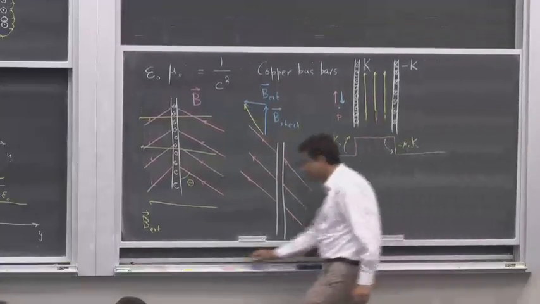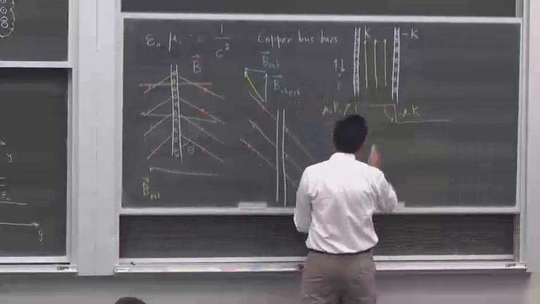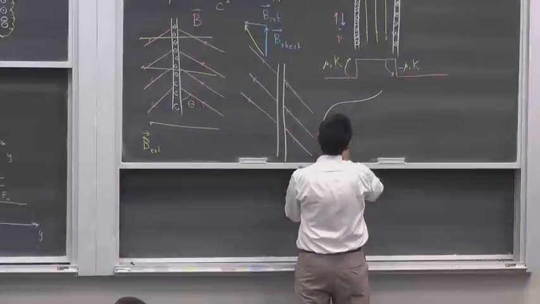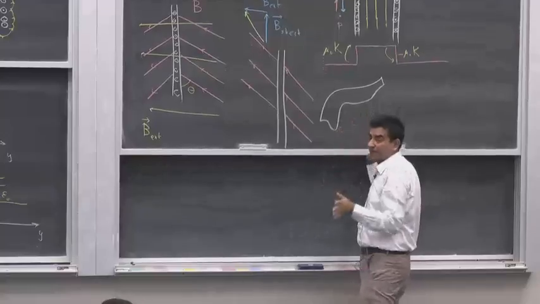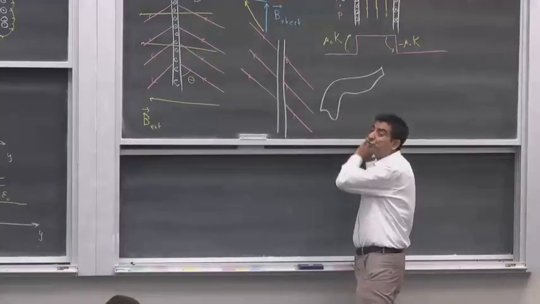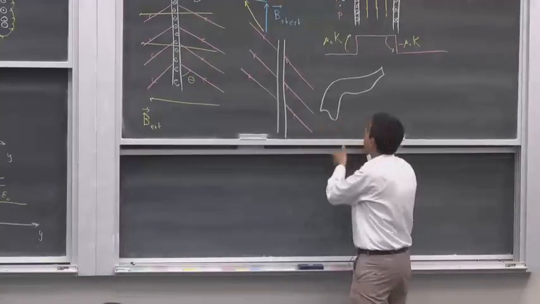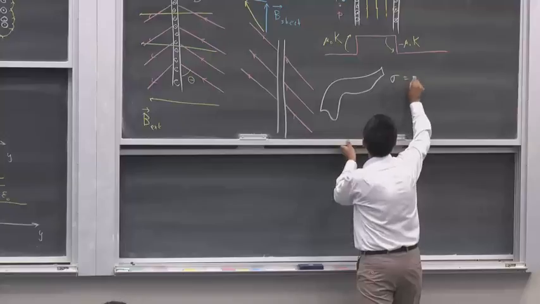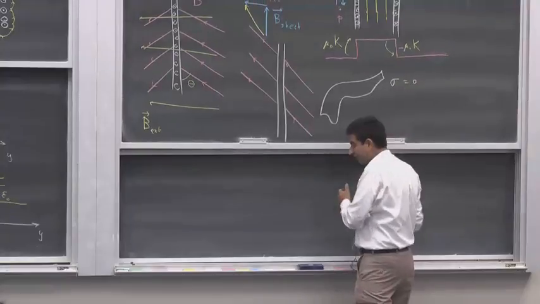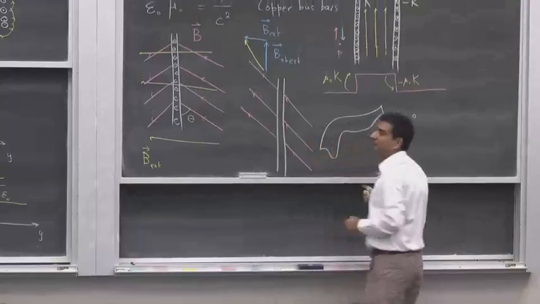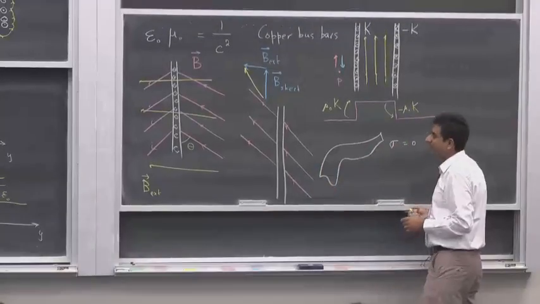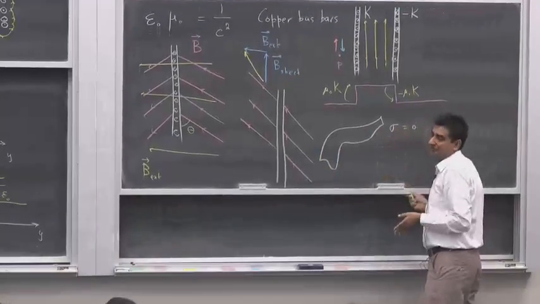Just as if you have a sheet of conductor and it's in a state of equilibrium and there's no charge on this conductor. Suppose the current density is 0. There's no charge that is stored on this conductor. There are certain impossibilities.